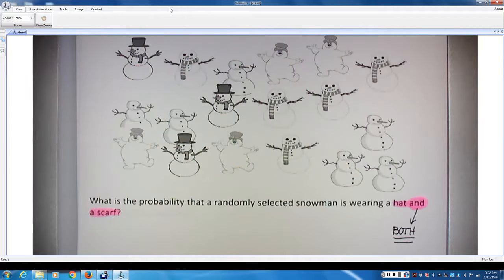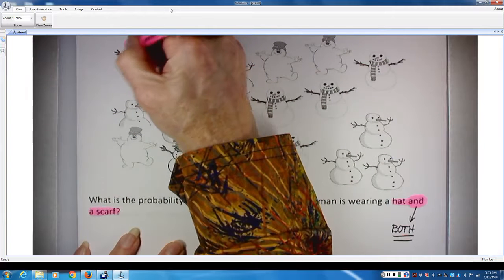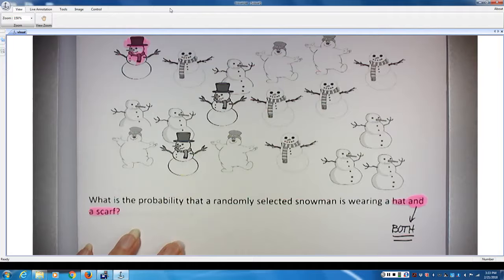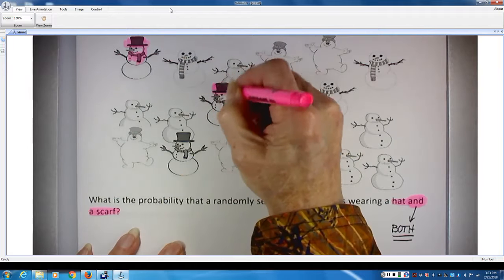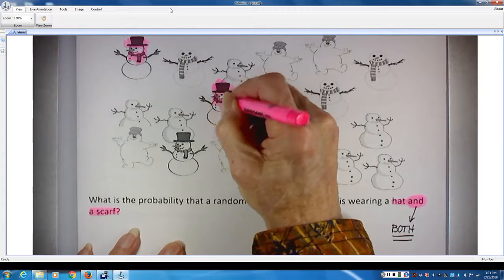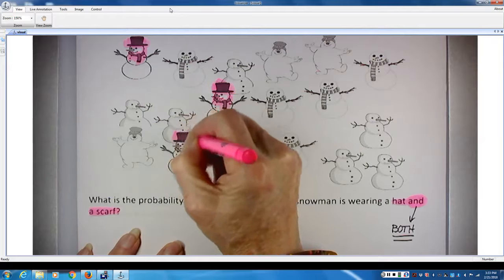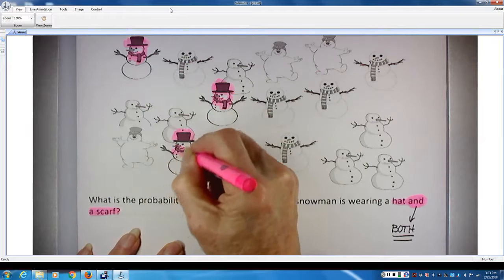And means both. So the only snowmen I'm going to count here are going to be the ones that are wearing hats and scarves. He's got a hat and a scarf. This one's got a hat and a scarf. This one's got a hat and a scarf.